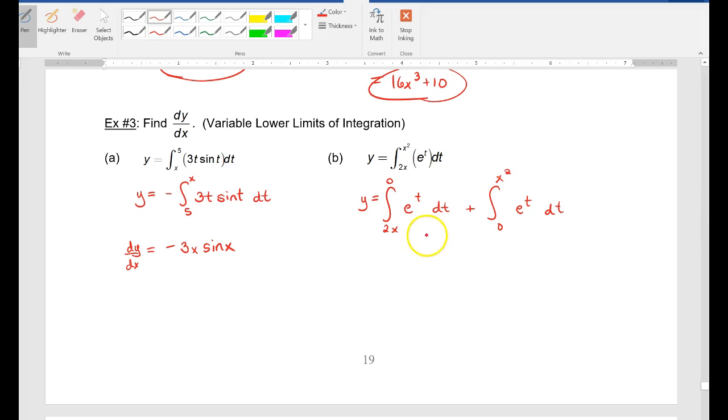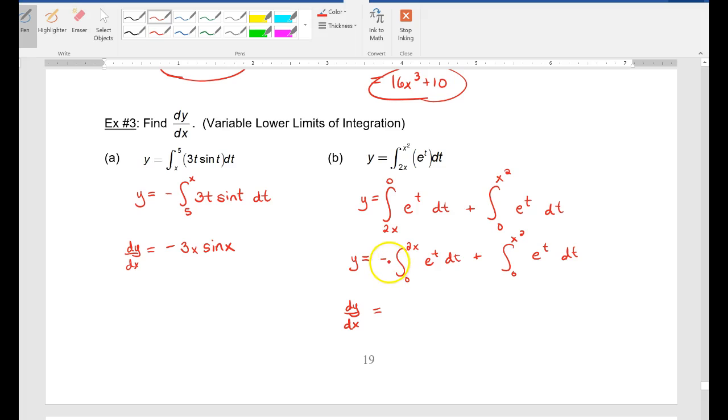Now, once I broke it up into two separate parts, I noticed I now have this 2x on the bottom. So again, I'm going to rewrite this by changing the sign to negative because I want to have the bottom as a constant. And now I want to do the derivative. So I have to do the derivative of each part separately. Notice in each case I'm going to have to apply the chain rule.